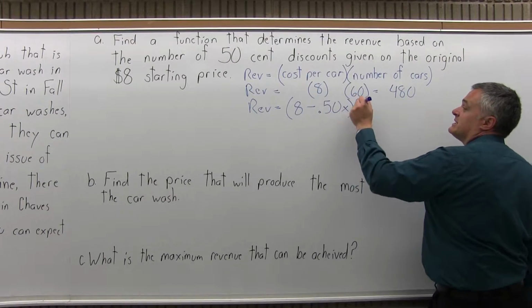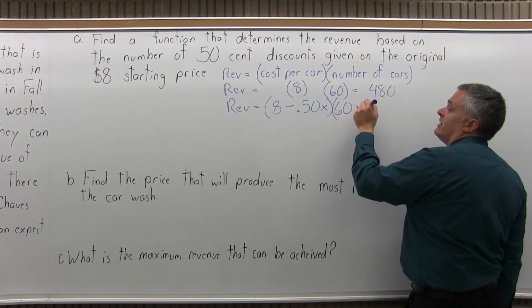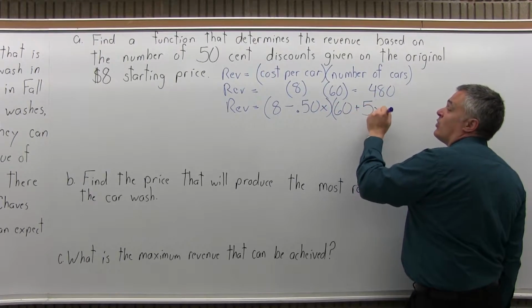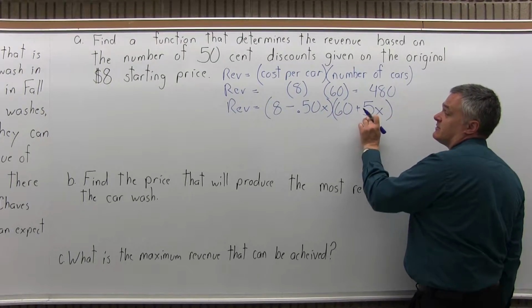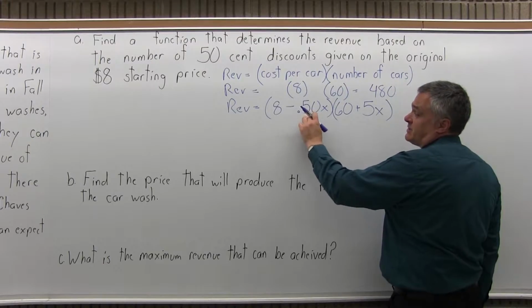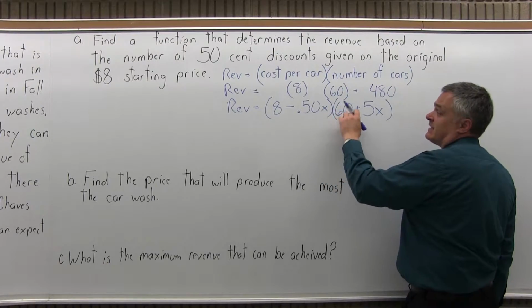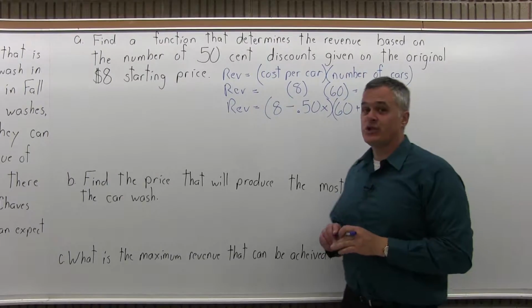And starting with 60 cars to wash at $8, every time they give one discount, they can expect 5 more cars to wash. So X being the number of discounts times 5. If you go down to one discount, it'd be $7.50, and instead of 60 cars, it'd go up to 65. So that's the revenue function.